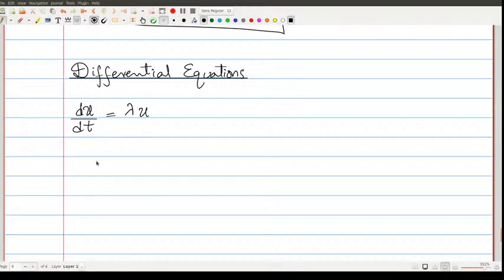And to solve this differential equation, we just integrate both sides and we get something like log of u is equal to lambda t plus c. Sorry, did I do this correctly?